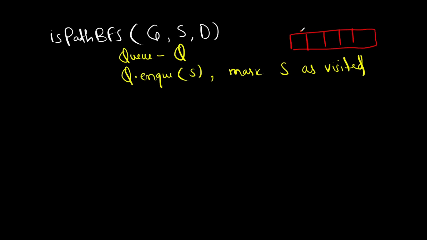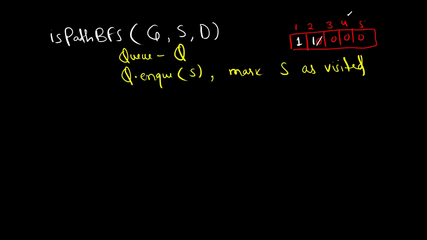Suppose we have 5 vertices, 1, 2, 3, 4 and 5, and we basically make them 0 at first. But suppose one vertex, let's suppose 0, is visited. So what we are going to do, we'll mark it 1, right? So if 2 is visited, make it 1, and so on. That's how it goes on, right?